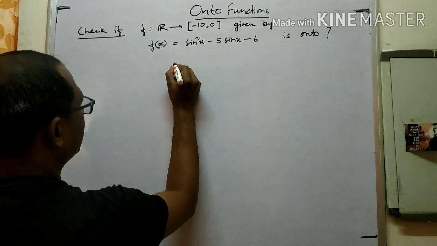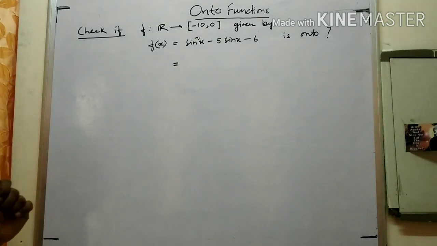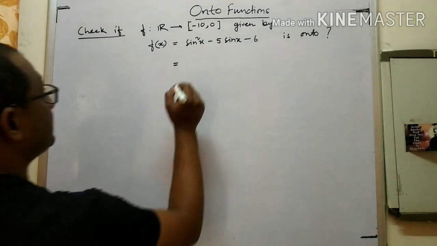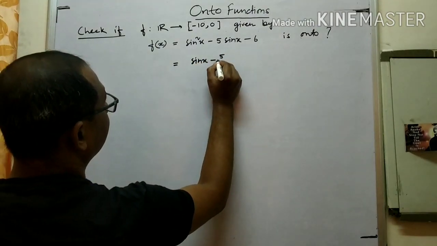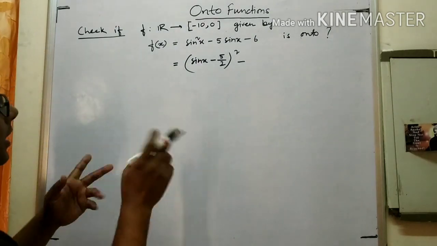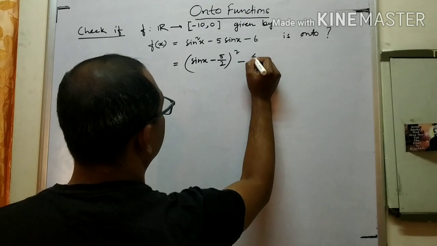So let us convert this into a quadratic in sin x, and we get (sin x minus 5 by 2) whole square minus, and the calculation will be, 49 by 4.